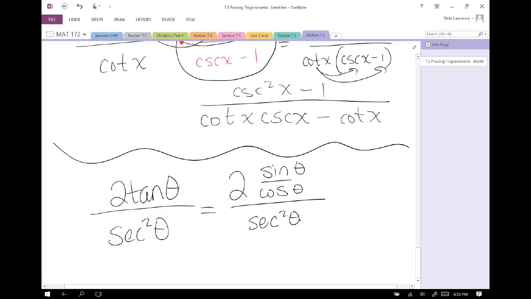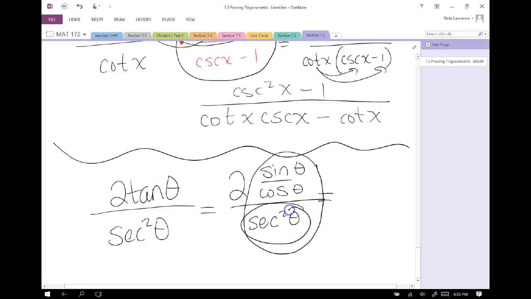Tangent is sine over cosine. This is a complex fraction when you have a fraction inside of another fraction. And we can't ever give that as an answer. I'm tempted to try it just to see what it's going to say. But it's because it's so difficult to type on this little notepad thing. I'm going to go ahead and fix this.